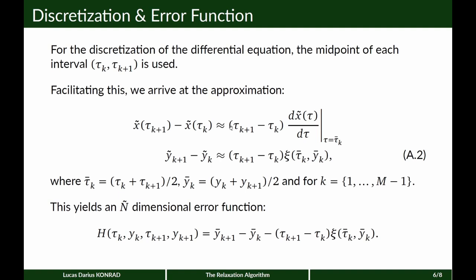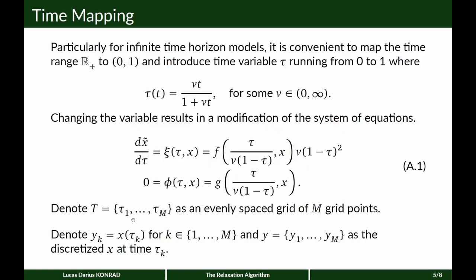This is now supposed to approximate the exact change. If we rewrite this problem, we arrive at the next line, where this is just by definition true. We said y tilde k plus 1 is just our x evaluated at tau k plus 1. This is just by definition true. In the previous slide, we see this is the definition of our y k.